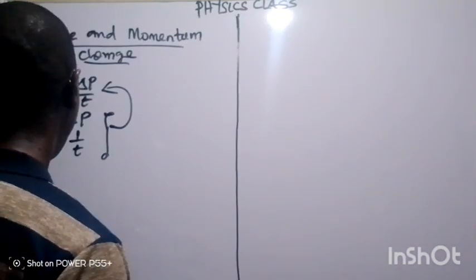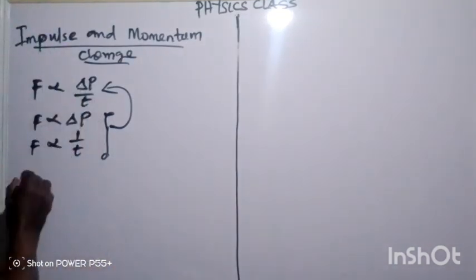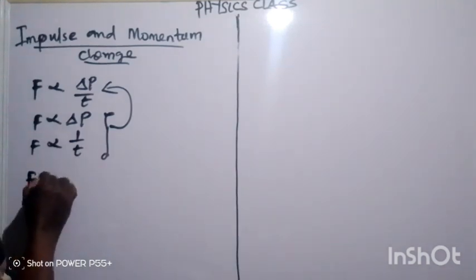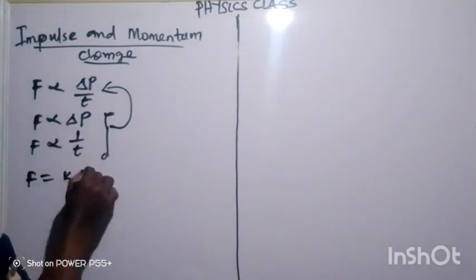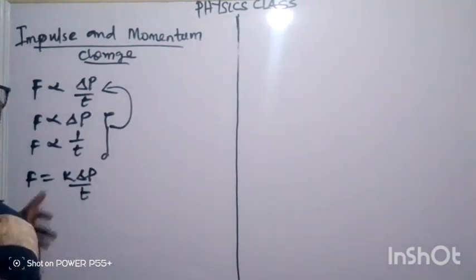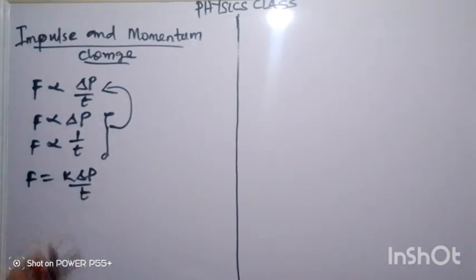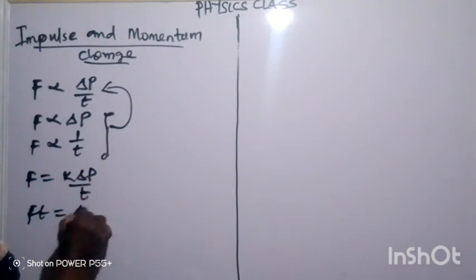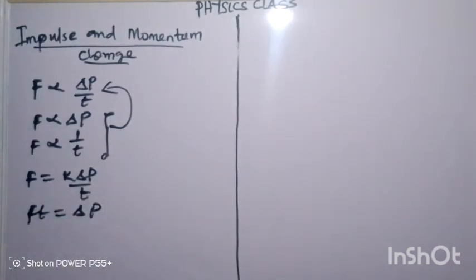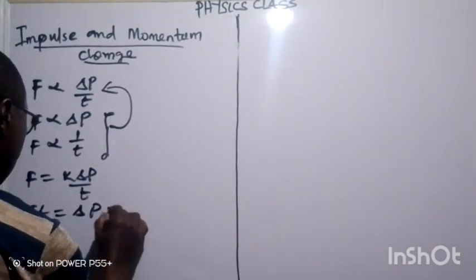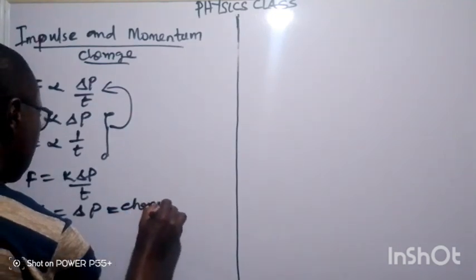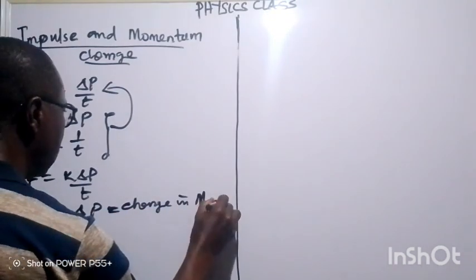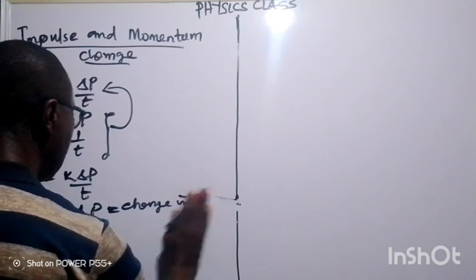Combining these two together, F is directly proportional to delta P and inversely proportional to t. From this, we can say that F is equal to k delta P over t. Mind you, under this topic, k is a constant, so if you remove it, it has no effect on the equation. So from there, we can say Ft will be equal to delta P. And if you can still remember, delta P is what is meant by change in momentum.